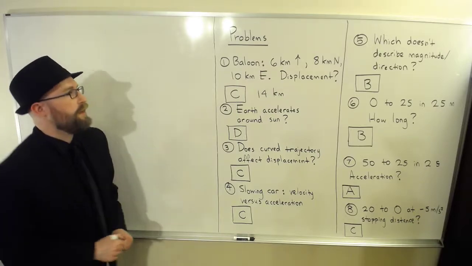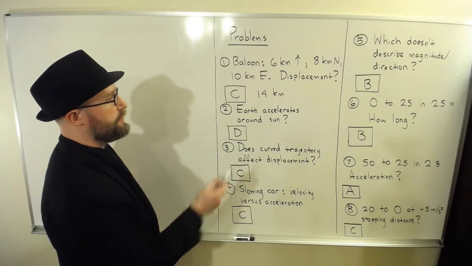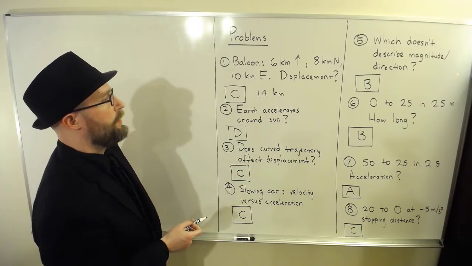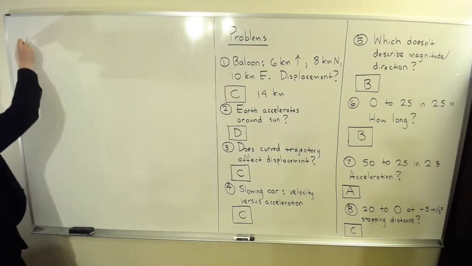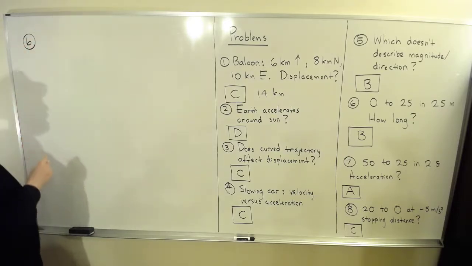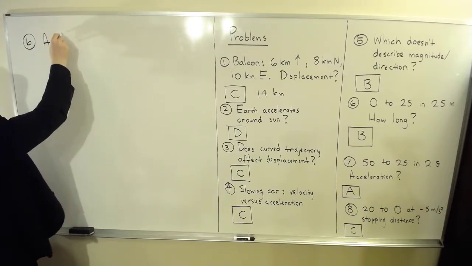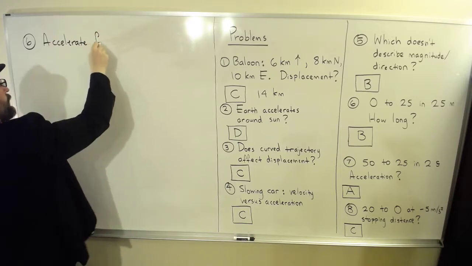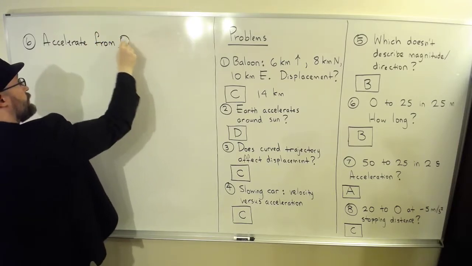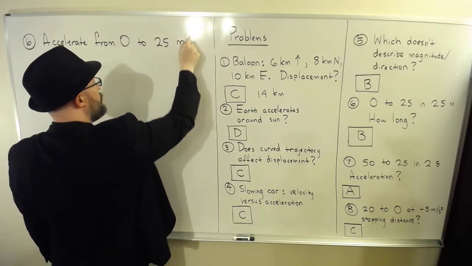Okay, so let's move on to number 6, and this one you can actually use equations to solve it. In this problem, it says that you accelerate from a speed of 0 to 25, and this is really meters per second.